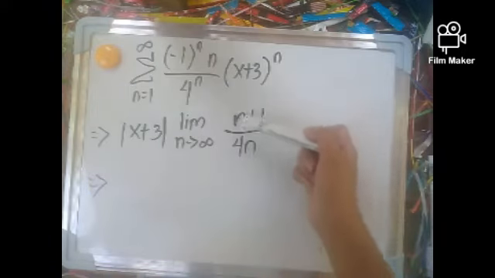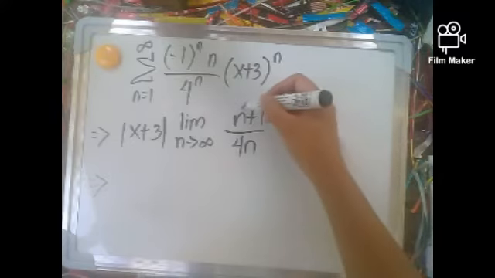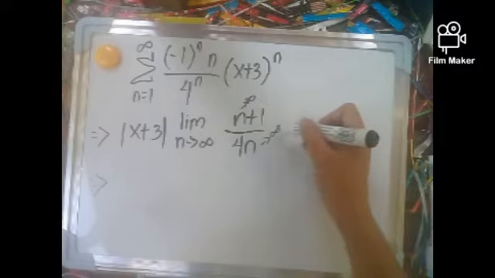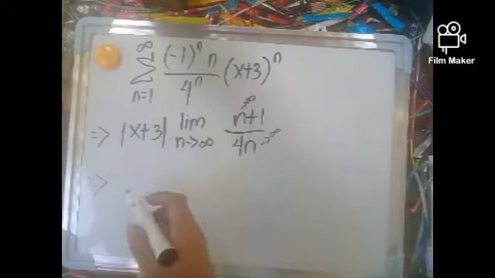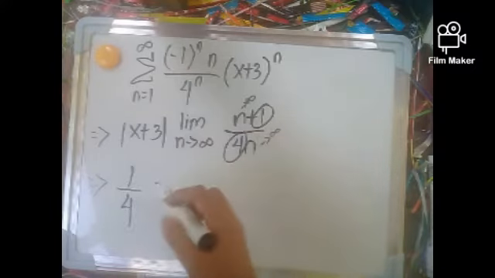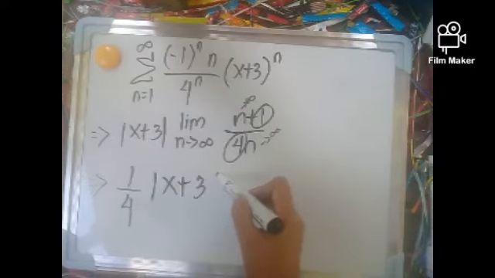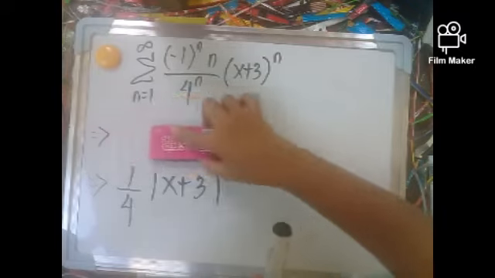As we plug in the infinity here, the n will go to infinity. So, we've left the 1/4. Right? Here, 1 and then 4. And then the x plus 3. So that's it. No, it's not.